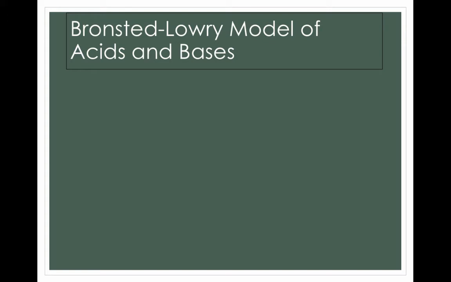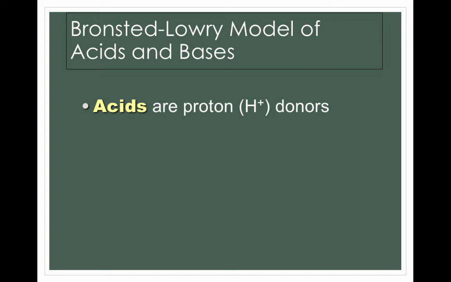The Bronsted-Lowry model is a little bit more complicated than the Arrhenius model in that the reactants and the products have definitions. So just to start off, Bronsted-Lowry were two gentlemen that came together with this model, and they decided that acids are proton donors.